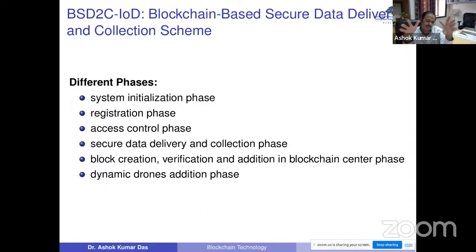Then we have the dynamic drone addition phase, because sometimes the drones can be physically compromised. Once a drone is physically compromised, there may be a chance that an attacker will use that information to attack other drones. But the scheme was designed in such a way that each and every drone has independent credentials, so that one drone's capture will not hamper the security of the other drones.